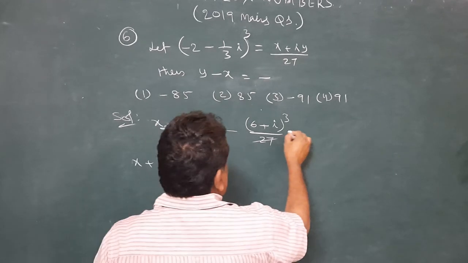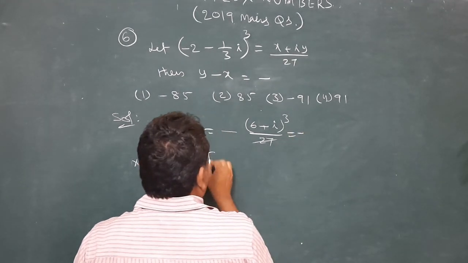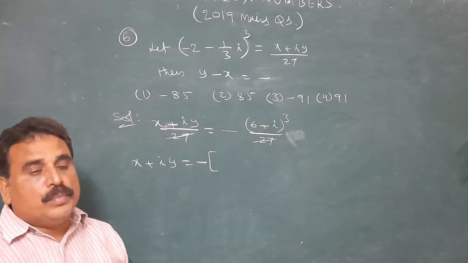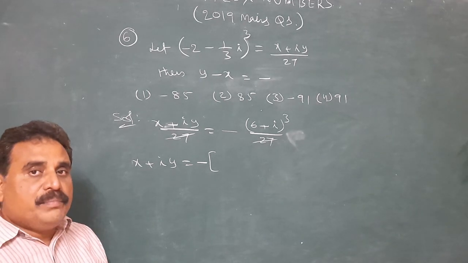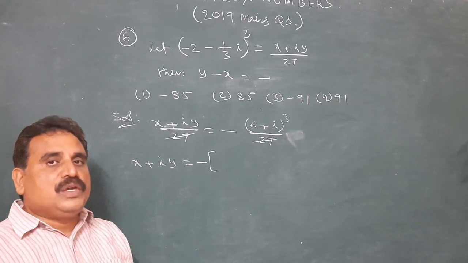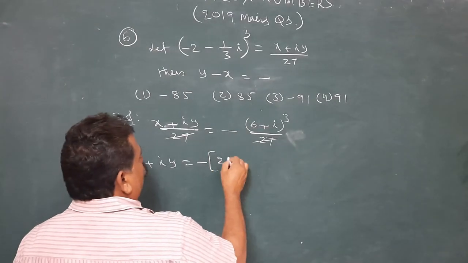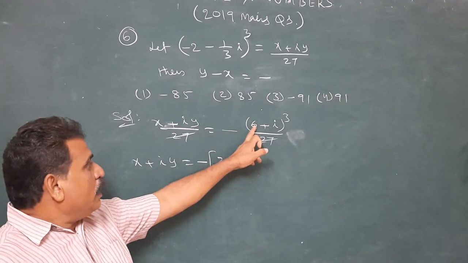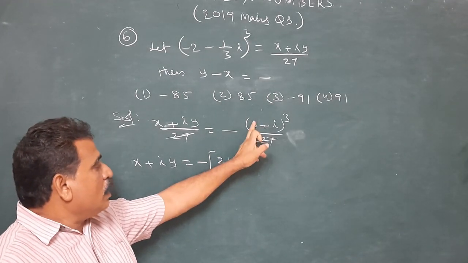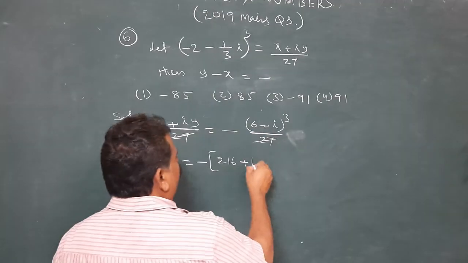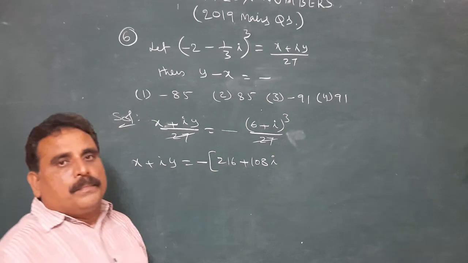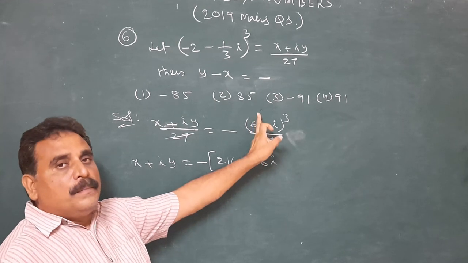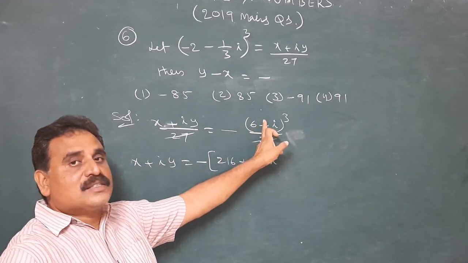That equal to x plus iy equal to minus of, expand this, minus of a plus b whole cube, a cube plus 3a square b plus 3ab square plus b cube. A cube is 6 cube, that is 216, plus 3a square b. 3a square is 36. 3 into 36, 108. B is I. So plus 108 I. Plus 3ab square. 3 into 6, 18. B square, I square is minus 1.